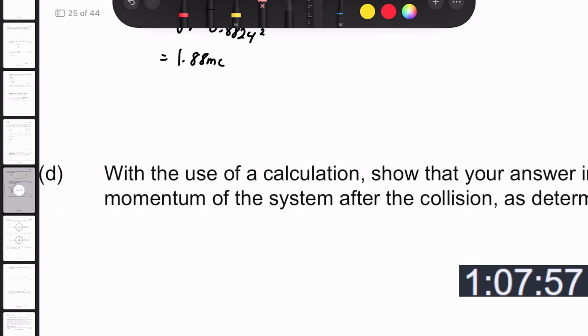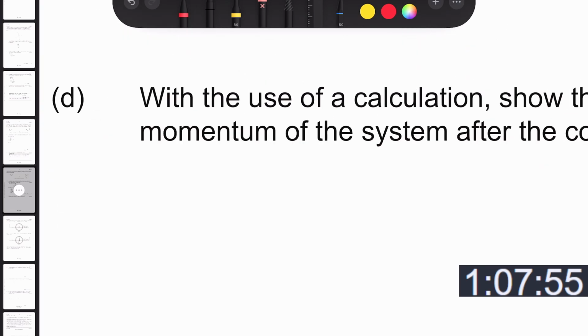Okay, so the momentum of the system after the collision.